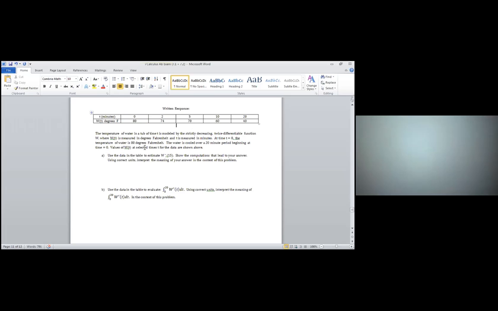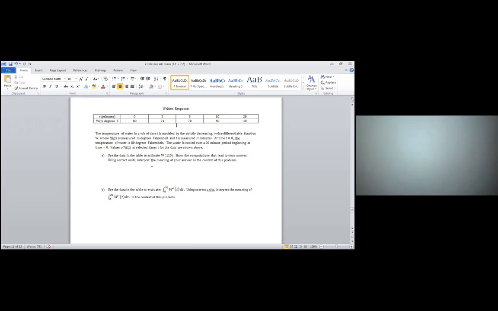The water cooled over a 20-minute period of time beginning at T equals 0. Yes, correct. I don't know why that wasn't there to begin with. And values of W of T are selected above. Long story short, you've got a bunch of temperatures. Something's cooling off. It's modeled by W of T, and it's written in a box.